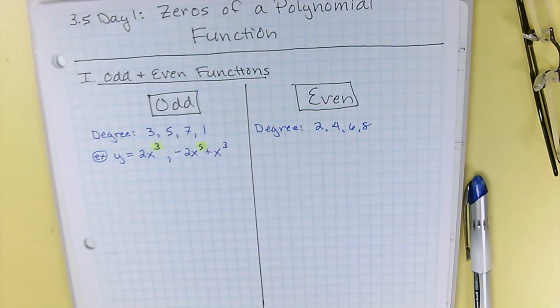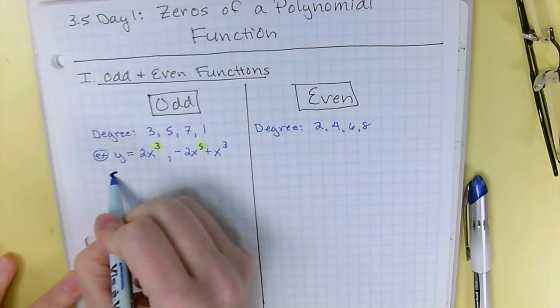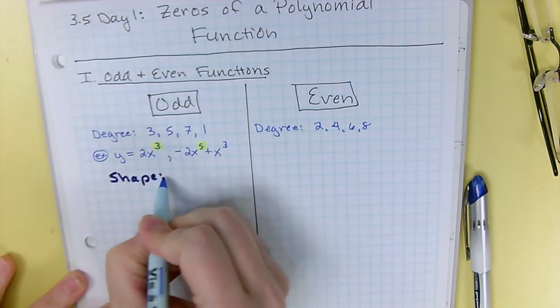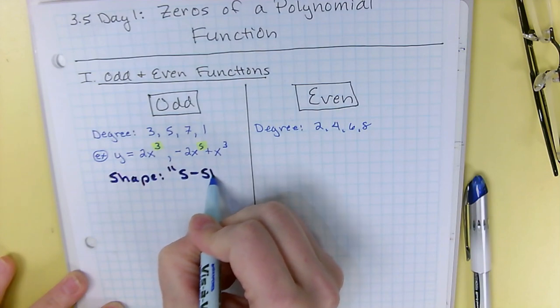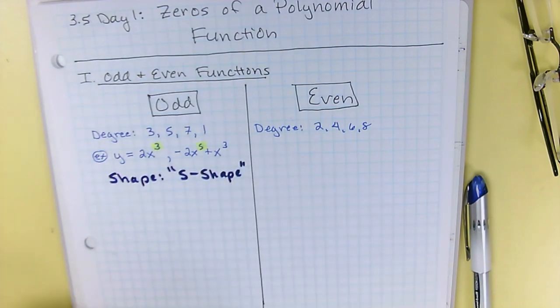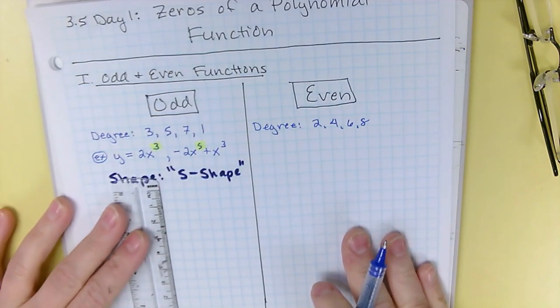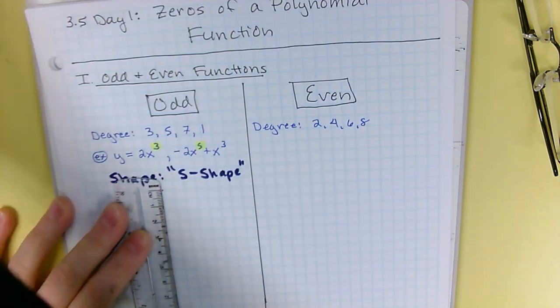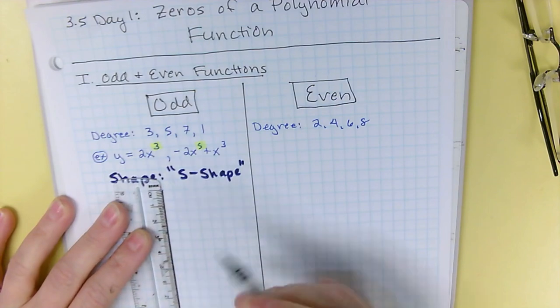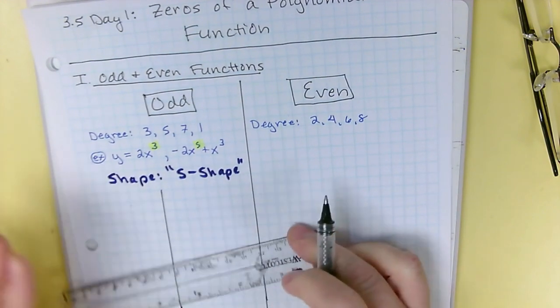When you graph an odd function, the basic shape of your graph, we just kind of say it's an S shape. Draw yourself a pair of axes about the size of a Post-it.